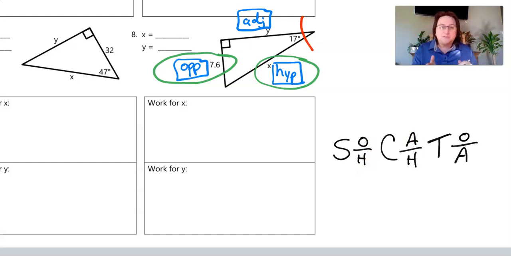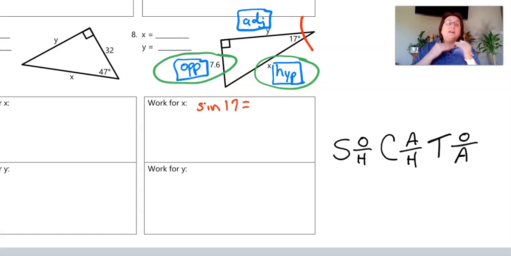So let's see. We have the opposite, we want the hypotenuse. If I look at my ratios, opposite and hypotenuse, hey guys, that's the sine function. So I'm going to use the sine function to solve this. Here's what it would look like when we set it up. We do the trig function, sine, of our reference angle, which is 17.